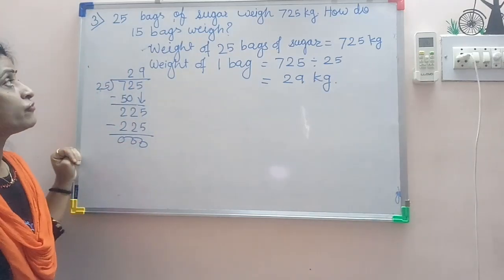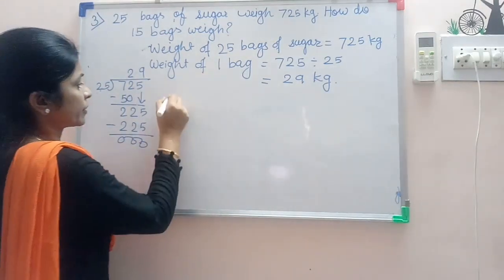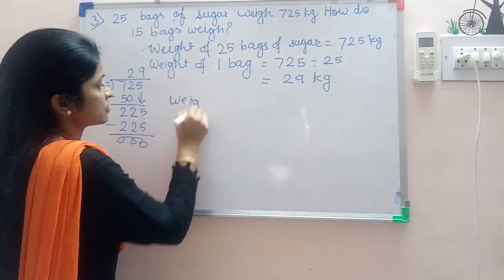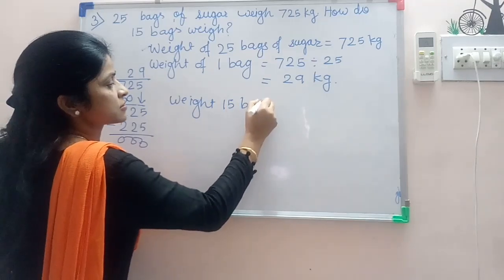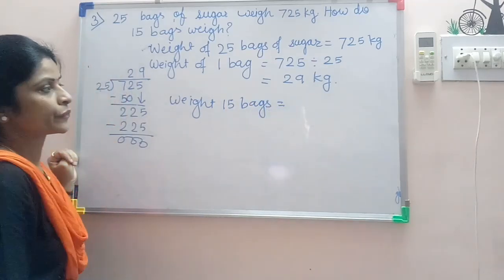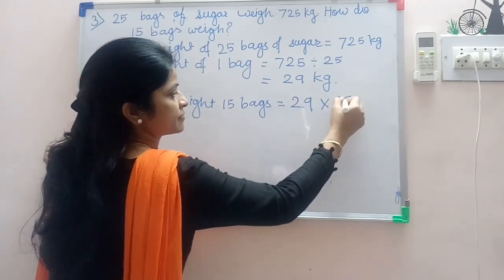Okay. Now we have to find out the weight of 15 bags. So weight of 15 bags is equal to weight of one bag multiplied by 15.